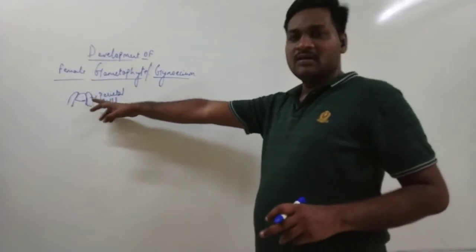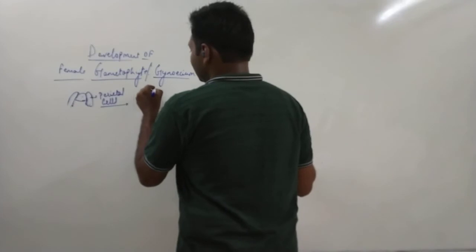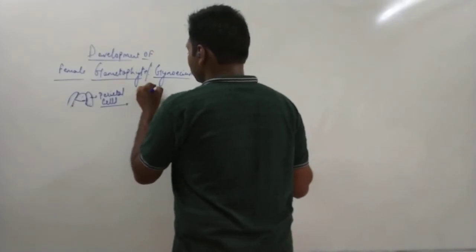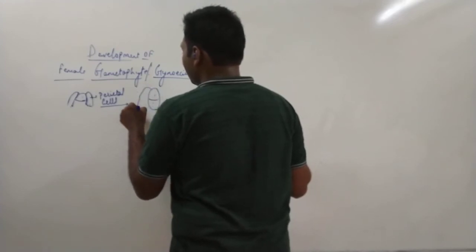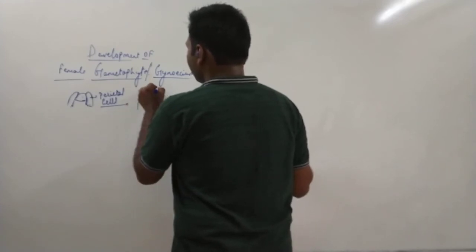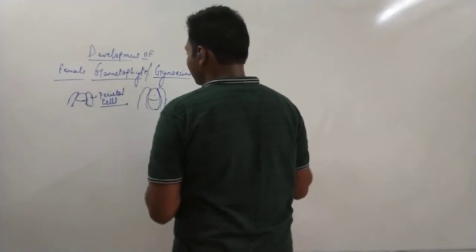It will form a two cell structure, like this. Here the two cell structure is again covered by the proteinaceous structure providing nourishment, that is the parietal cell.